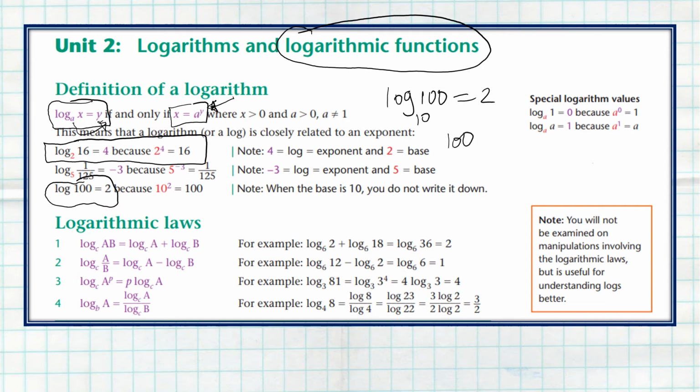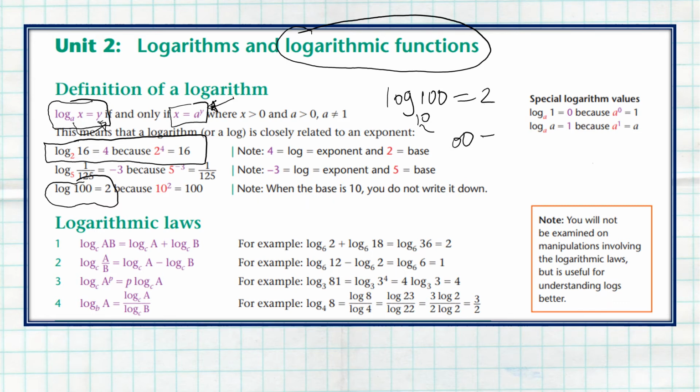So we can see that 100 equals 10 exponent 2. Logarithms are really closely related to exponents. Note that when the base is 10, you don't write it down. Most of the time they don't write it down.